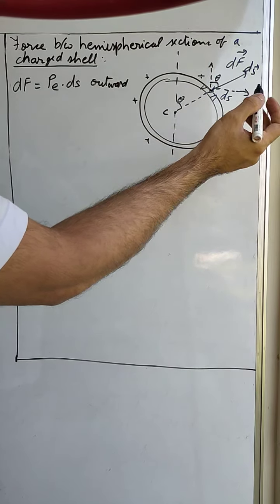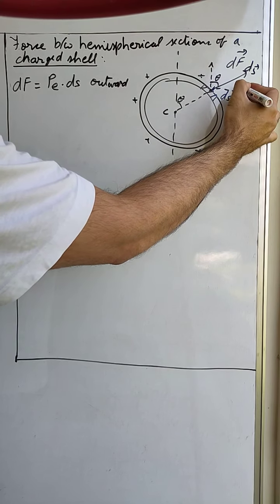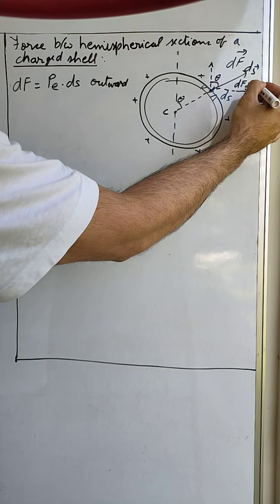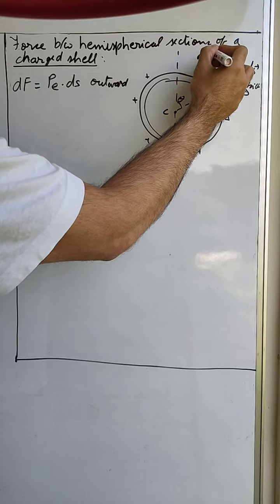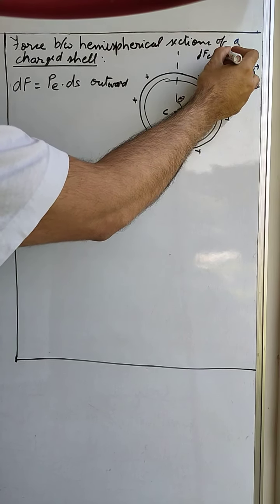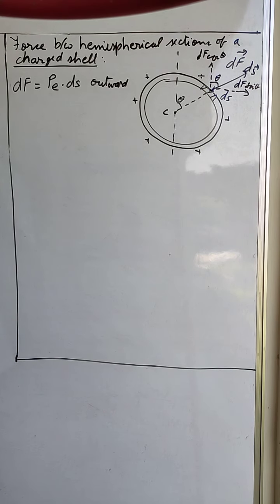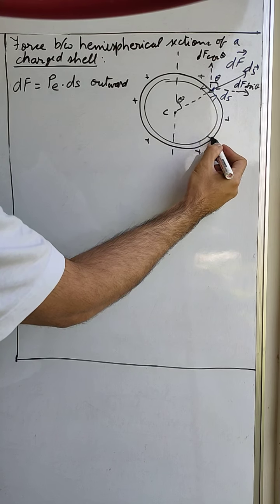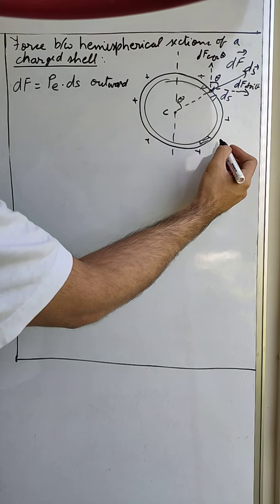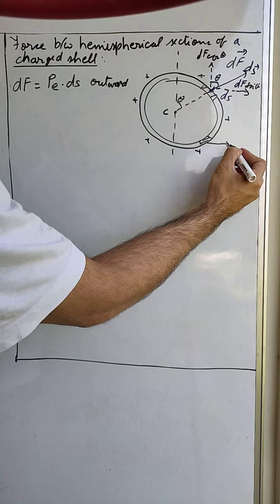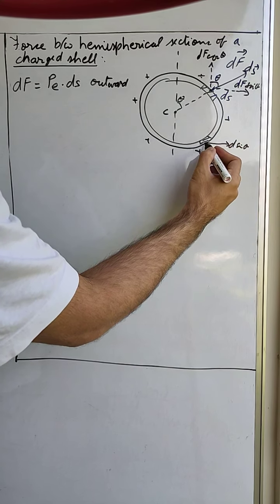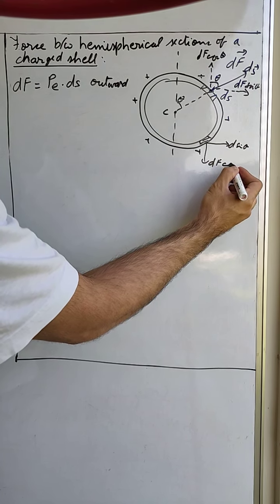This will be theta, and this component will be df sin theta, and this will be df cos theta. Now if another corresponding ds is taken on this part of the hemisphere, it will also have two components, df sin theta in this direction and df cos theta in the downward direction.